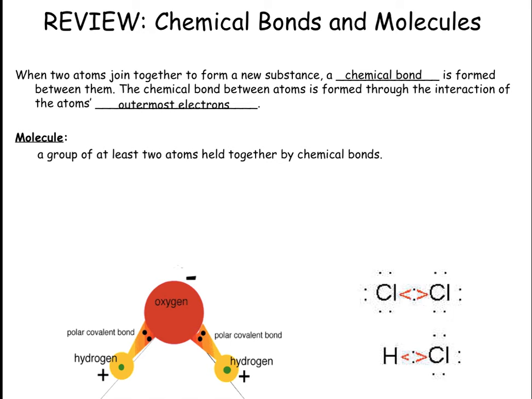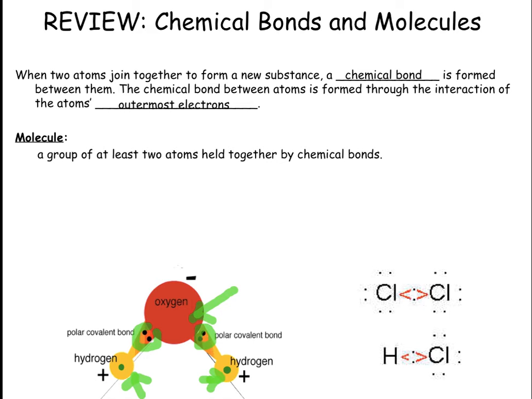So, for example, if we look at the water molecule in the diagram below, you will see the oxygen atom in red and two hydrogen atoms in yellow. The other thing that I hope that you will notice are these black dots that represent the atom's electrons.